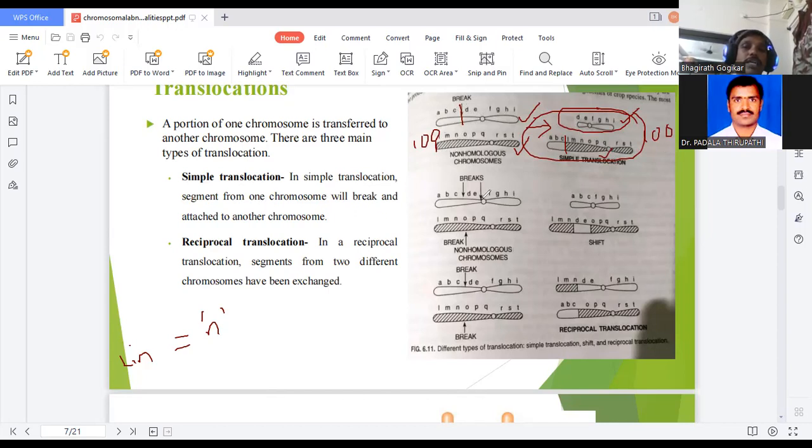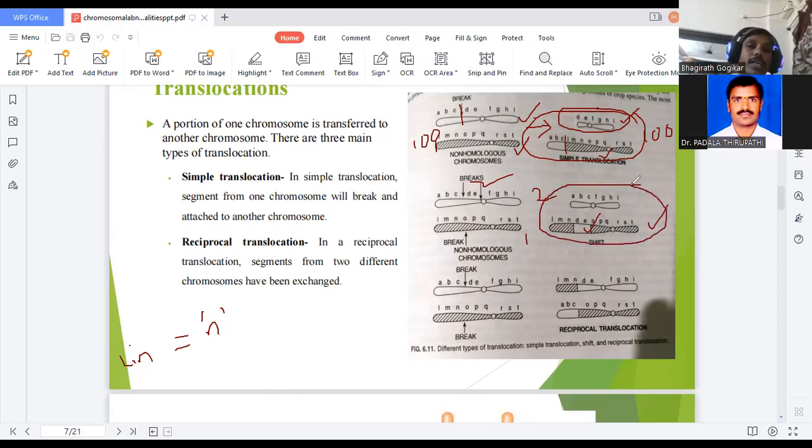In the reciprocal translocation, it requires 2 breaks in one chromosome and one break in another non-homologous chromosome. So the DE part will enter into the other non-homologous chromosome. The genes are altered or changed. This is a set of chromosomes.